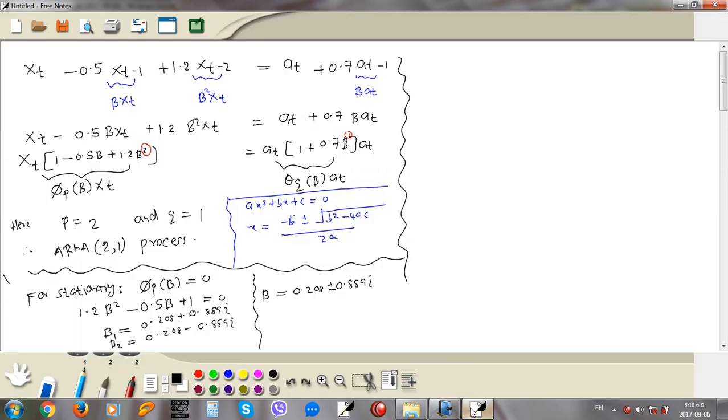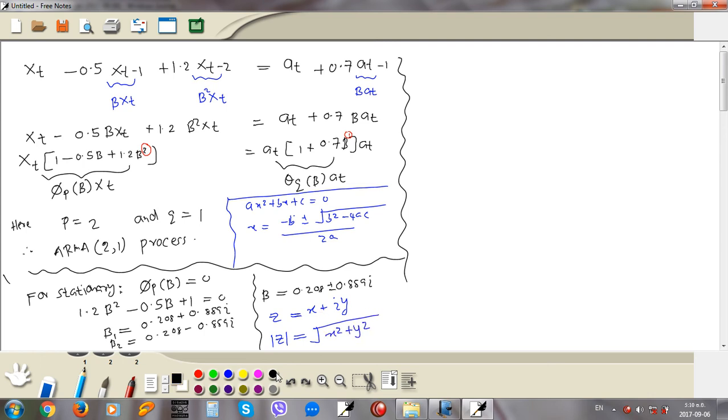Since this one is a complex number, you know that in mathematics, if a complex number is given as z = x + iy, then the modulus of z is the square root of x squared plus y squared.